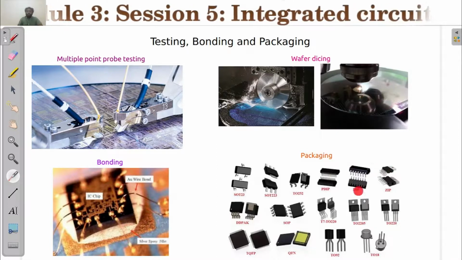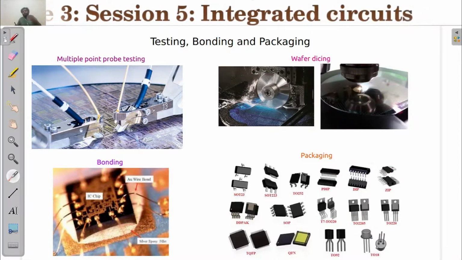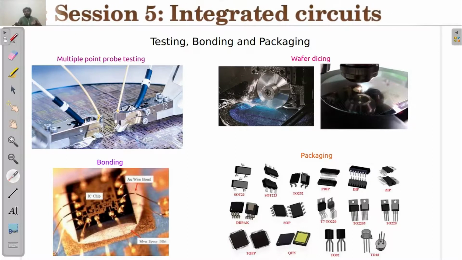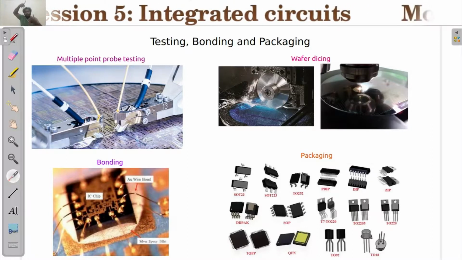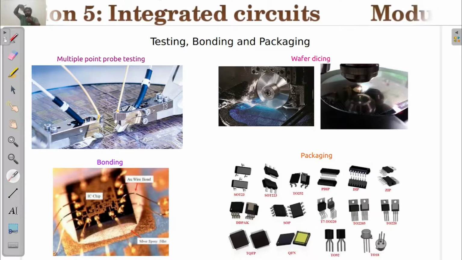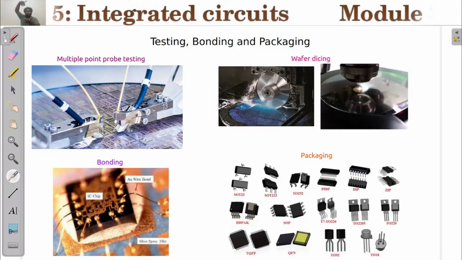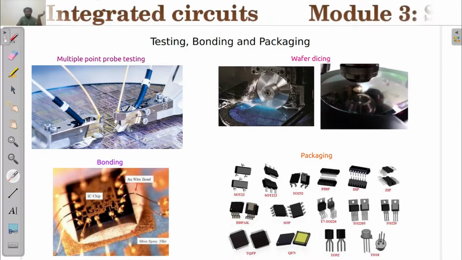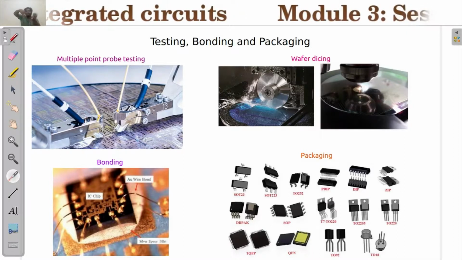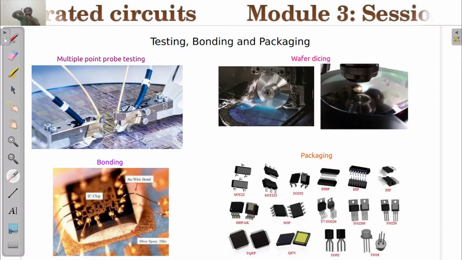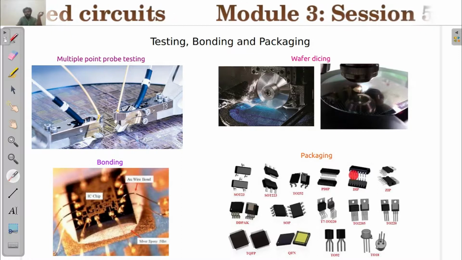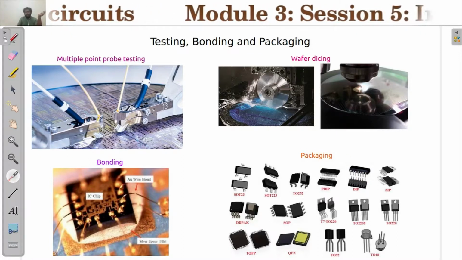So these are all through the hole packages, by which you'll be connecting these ICs on a PCB. The PCB will have many holes through which you can insert the legs. So if you are inserting legs through the PCB and soldering them on the other side of the PCB, then those kinds of packages are called through the hole packages.